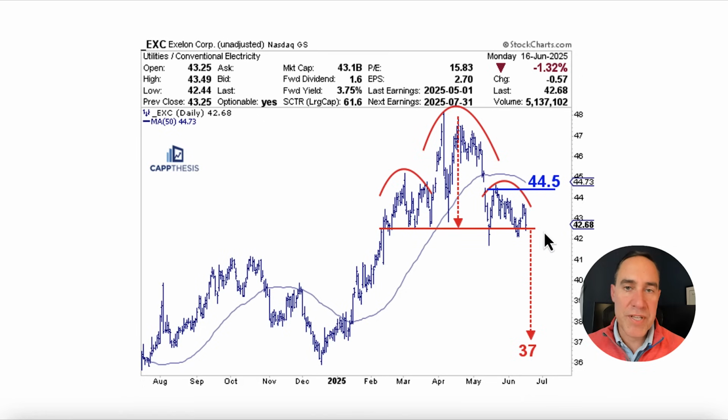This is a pretty simple theory: breaking below that neckline would produce a measured move down to 37. And with there being very light support to that point, momentum could take over as well. And we can talk about the reasons why this should and shouldn't happen in terms of being a utility, and how utilities are sometimes correlated to bonds. But at the same time, sometimes it's just good enough to simply identify the pattern, understand where it is, and understand the risks involved with it as well.